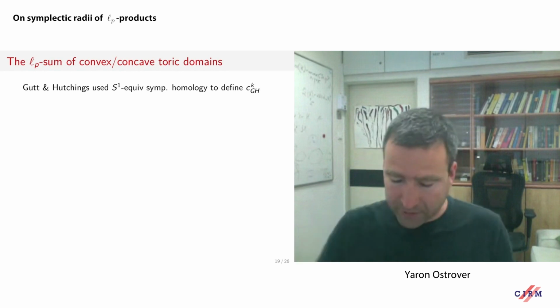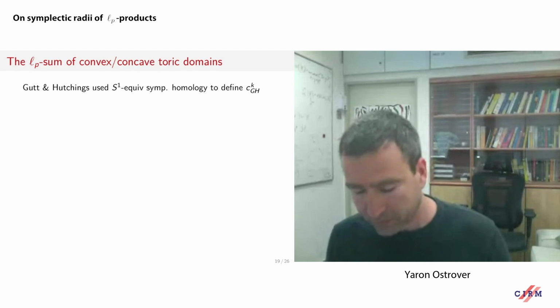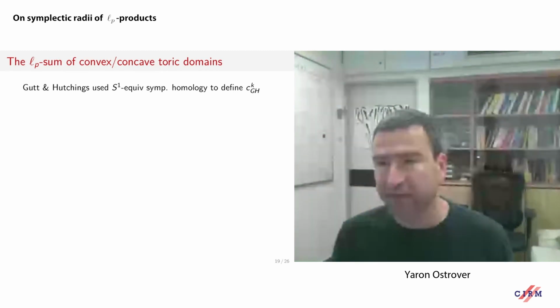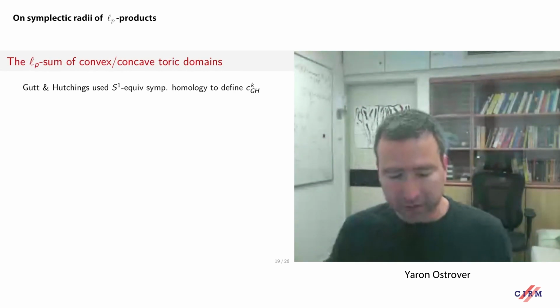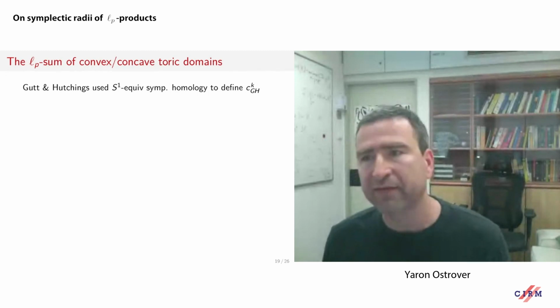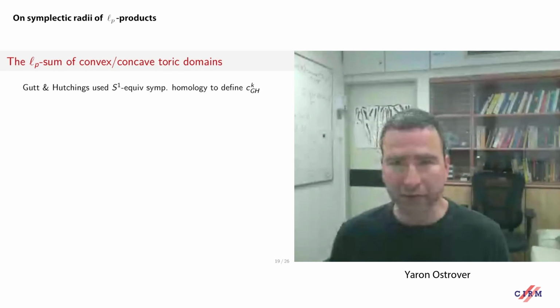This is an infinite sequence of symplectic capacities. I'm going to refer to these capacities as the Gutt-Hutchings capacities. And in the same paper, Gutt and Hutchings explained how to compute these capacities for convex and concave toric domains.